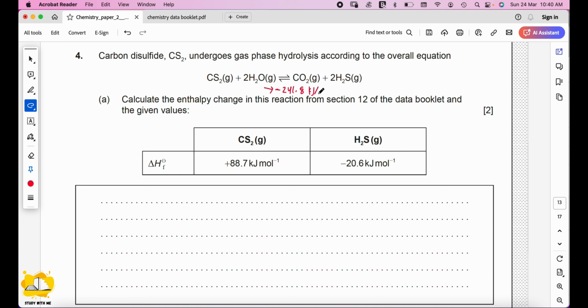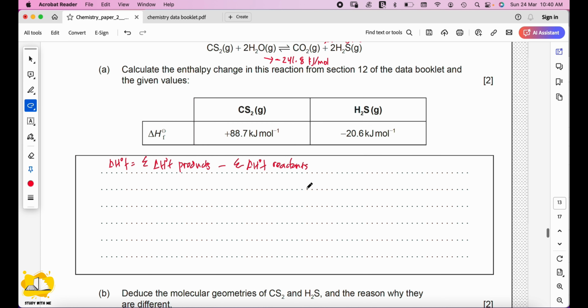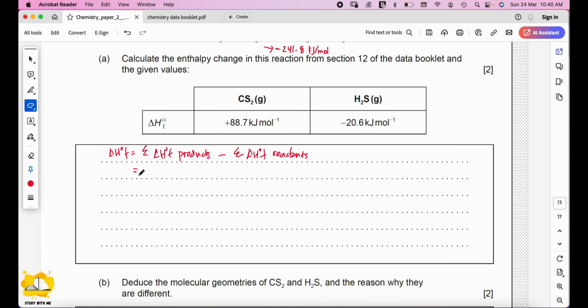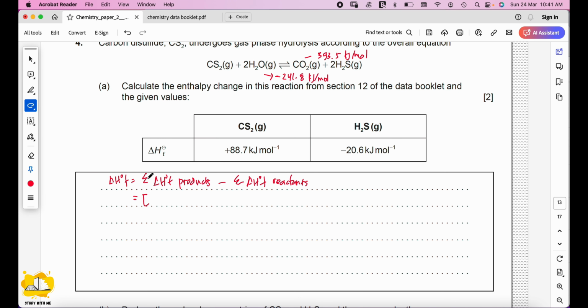241.8 kilojoule per mole, and for CO2 will be 393.5 kilojoule per mole. So to calculate delta H, it will be the sum of the delta Hf of products minus reactants. So we can just plug in here. The products will be H2S and CO2.